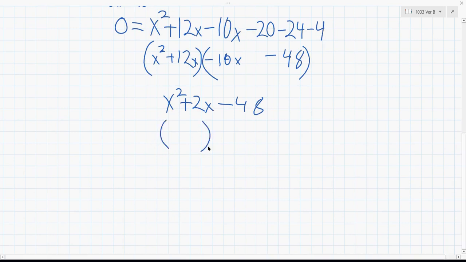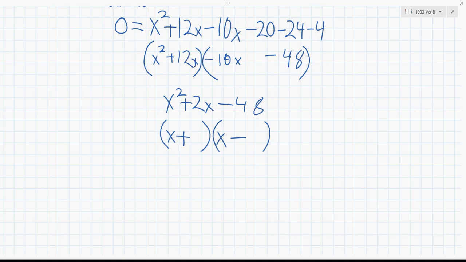So we're going to do our fast factoring. We know x squared is going to be x times x, so we write that down. We bring down the first sign being positive, and then we'll say positive times a negative is a negative, so the second one's going to be negative. So I need a positive number and a negative number. They're going to multiply up to 48, but will subtract up to 2.